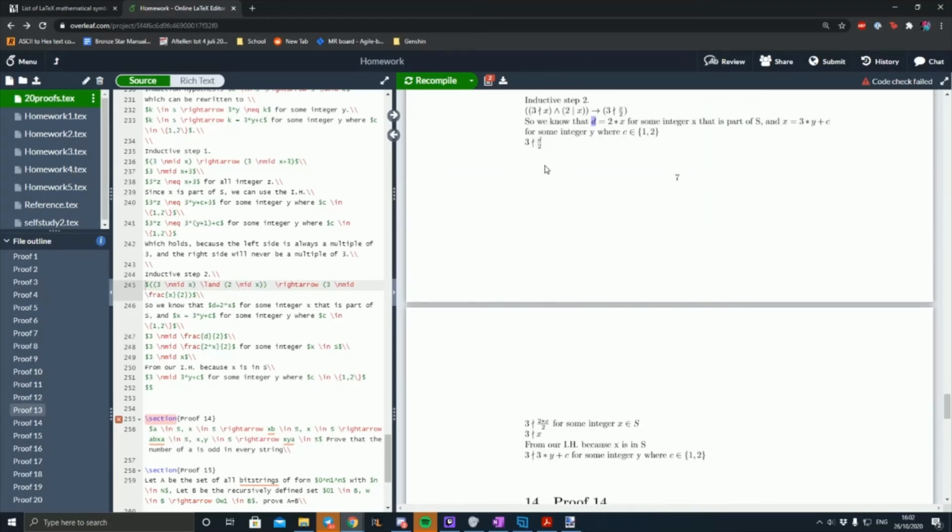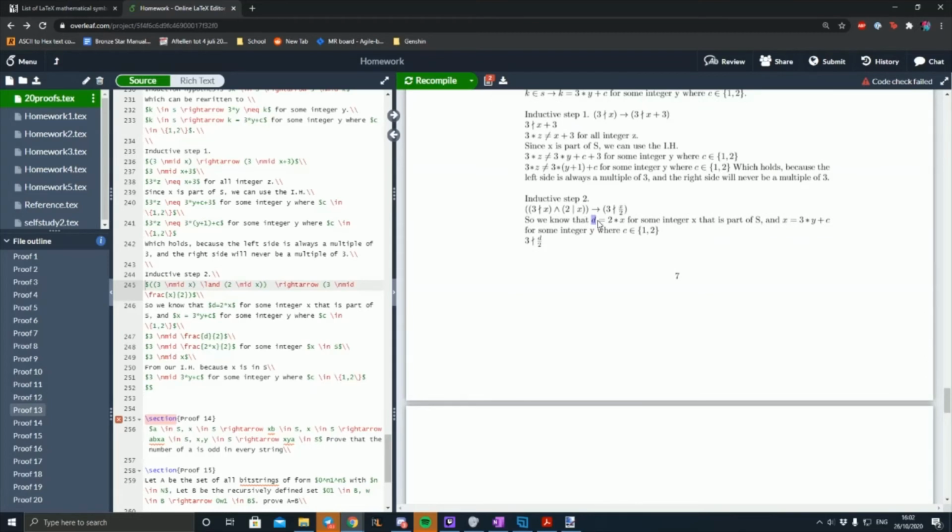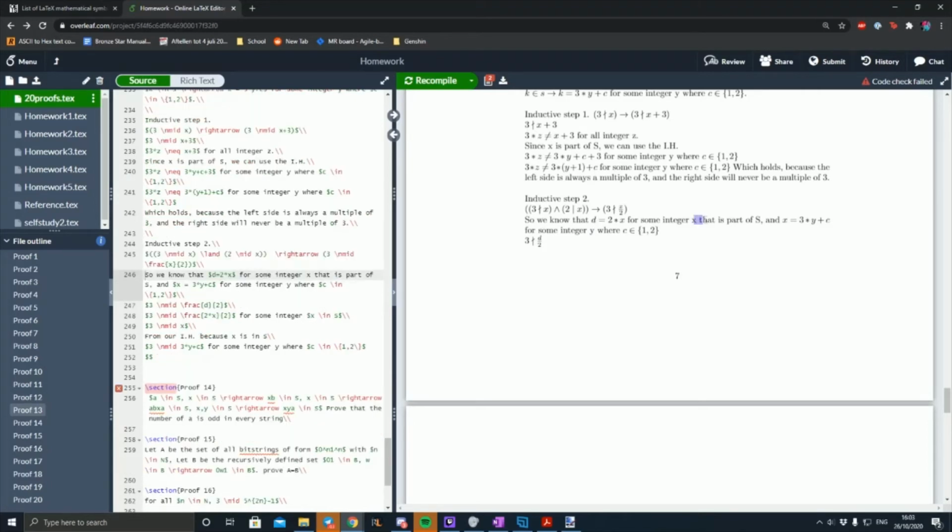Yeah, exactly. It should be D at the start of the inductive step. Because otherwise you say that D equals 2 times x for some integer x that is in S, and then the next thing you say is that x is not divisible by 3, because we have a remainder of 1 or 2. But the issue is we're talking about x that is part of S. And no, this is still correct, because this is all still in form of x. No, I think it's the other way.